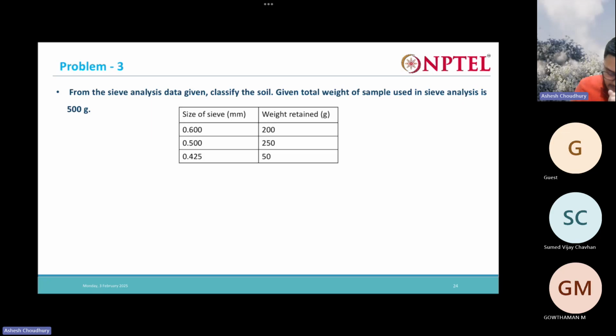So we have sieve size, weight retained, percentage weight retained, cumulative percentage weight retained, and percent finer.